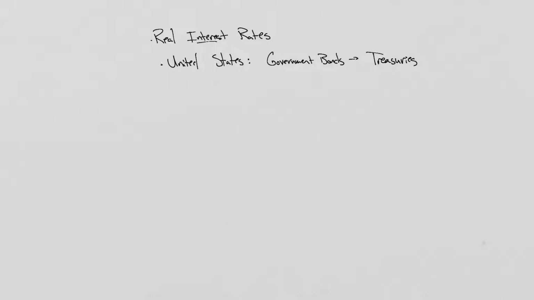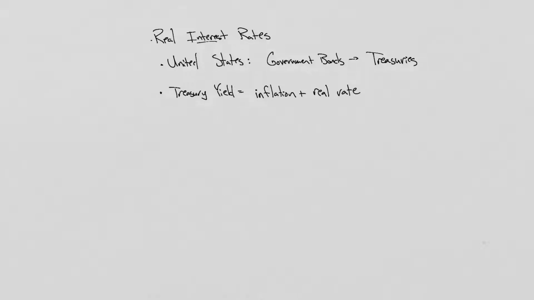And one thing about government bonds, like treasuries, is that the yield on those treasuries is nominal. And what nominal means is that it's some sort of mixture of an interest rate that we might call related to inflation, and some other component that we might call the real rate.